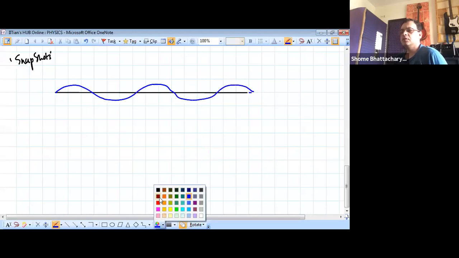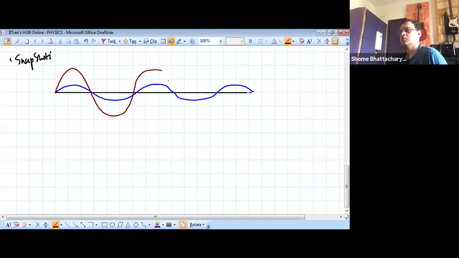And after some time, like this, then after some time it's back to this blue colored line, then it's back to the flat line, then it goes to this kind of position. And then further after some time it goes to this kind of position.